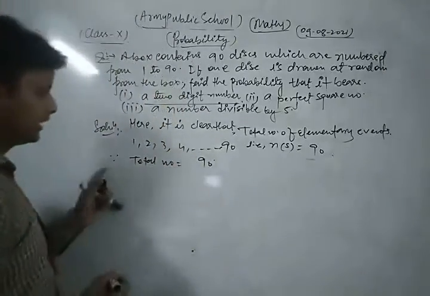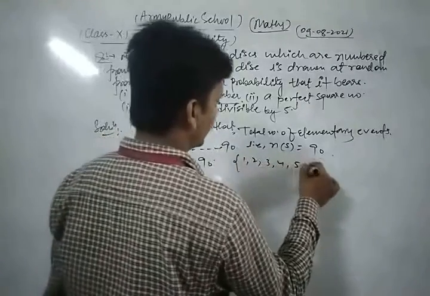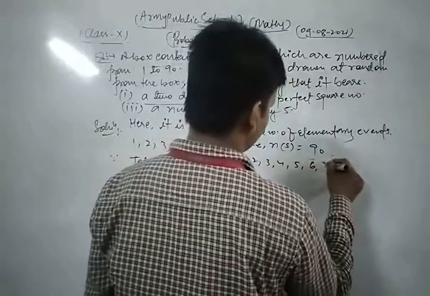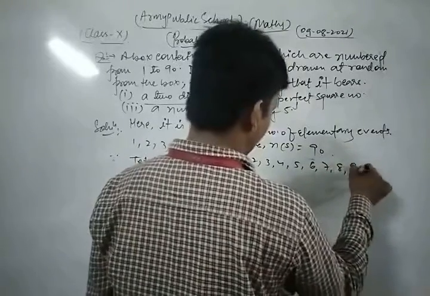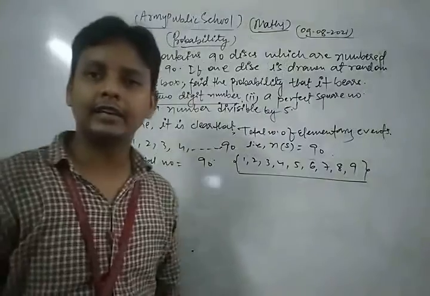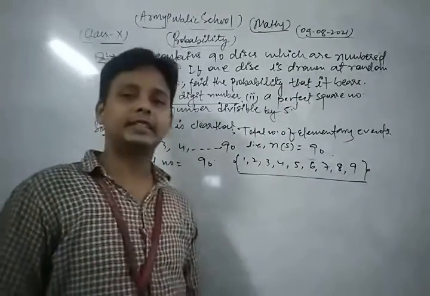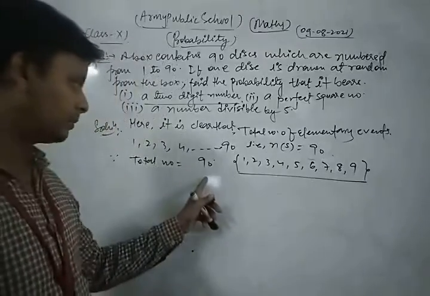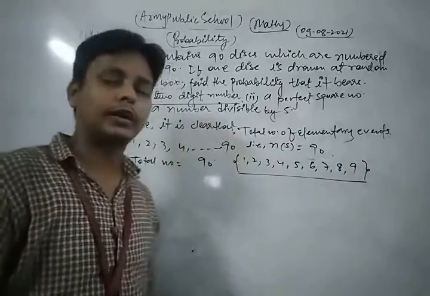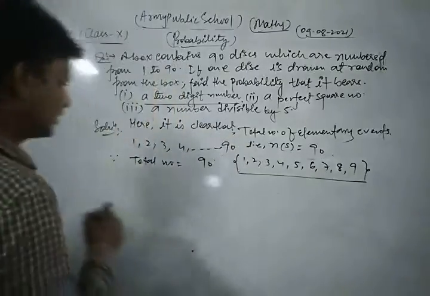Dear students, the numbers 1, 2, 3, 4, 5, 6, 7, 8 and 9 contain only 1 digit. So we subtract these from the total, and that is the required number which contains 2 digits.